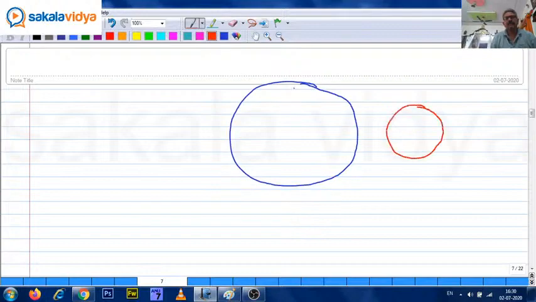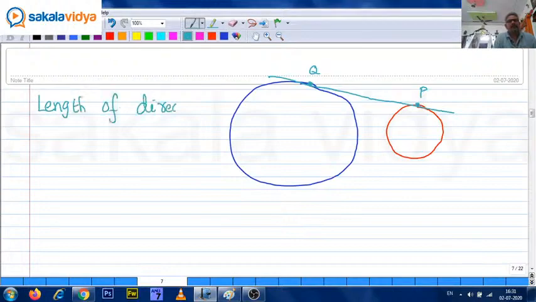Draw the direct common tangent, say this point is P and this point is Q. What is the length of the direct common tangent? What is the formula?